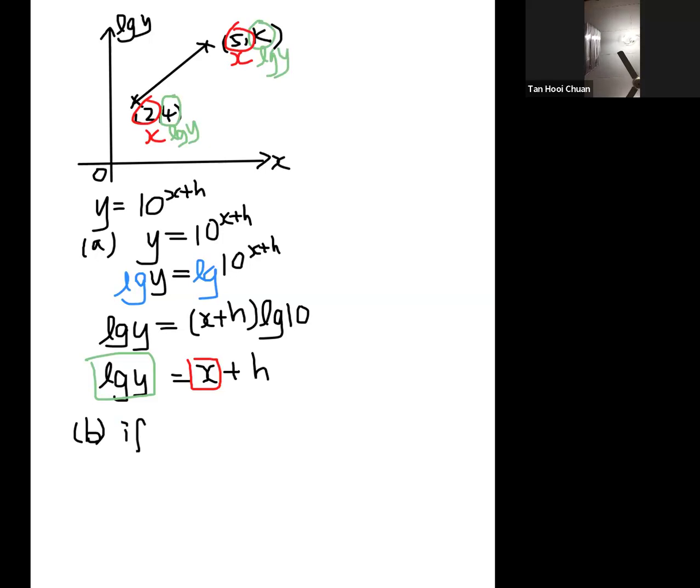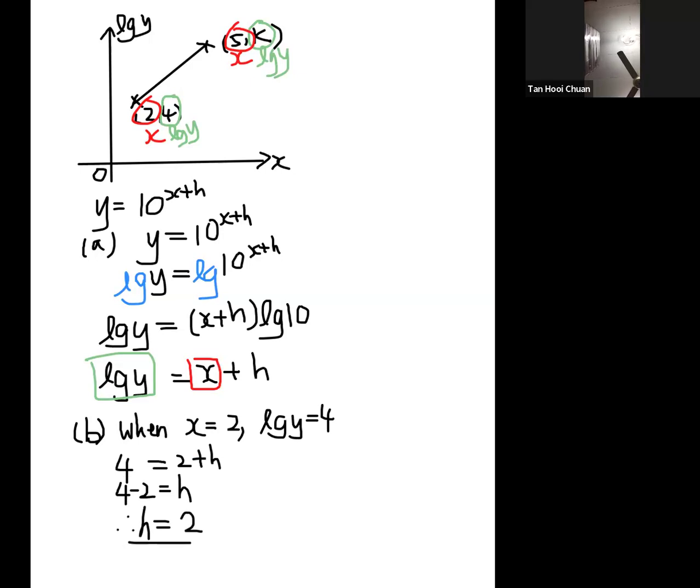So if you use when also can, when x equal to 2, lg y equal to 4. Sub in the first point, 4 equal to 2 plus h. H is 2. Okay, this first one.